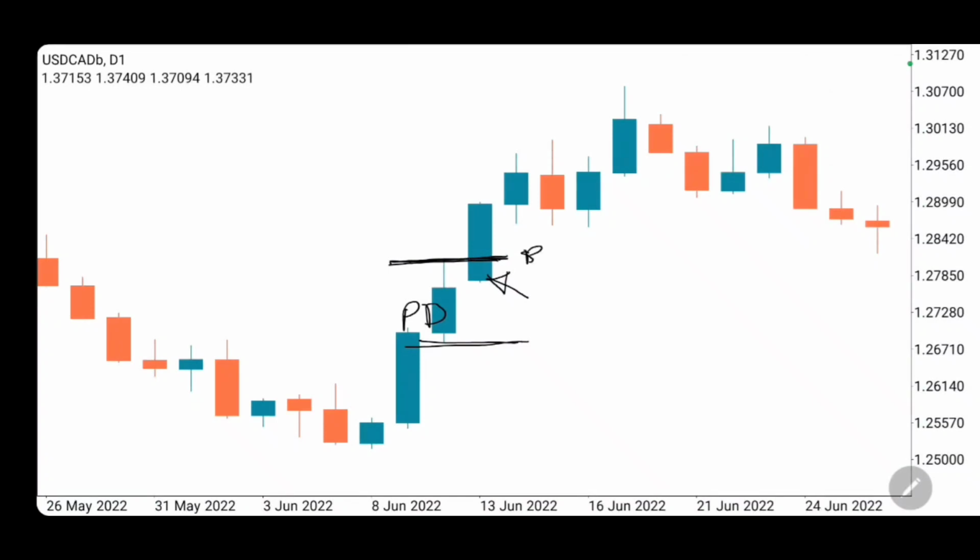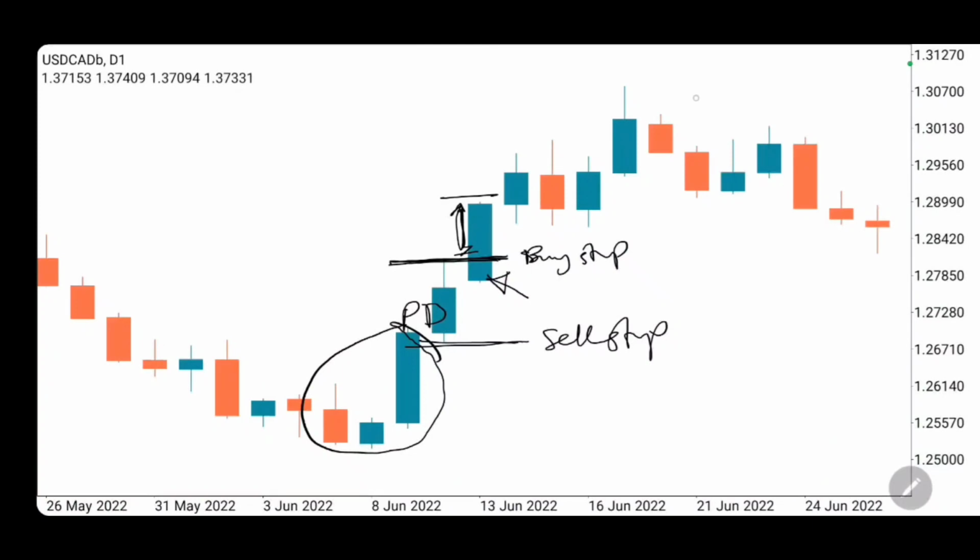This is a buy stop, and this is a sell stop. So this will be taken out. If I take an average of these 3 previous candles, it will give me my targeted take profit. All right, so this is how this strategy actually works.